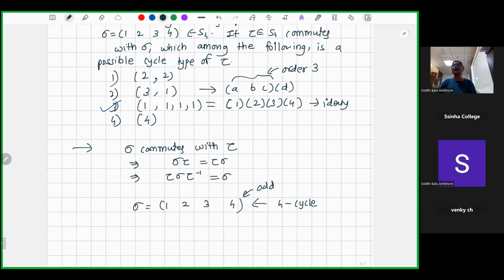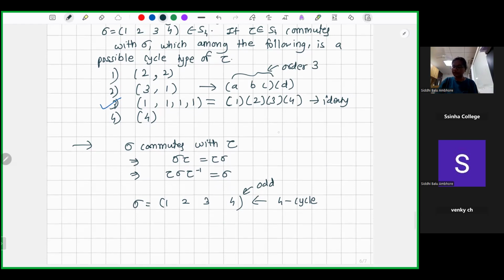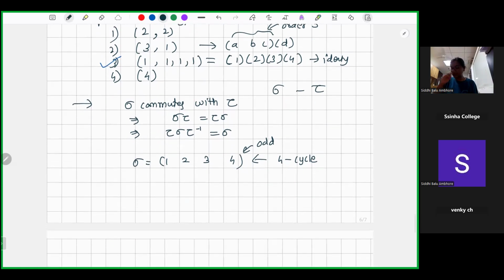We have seen that if we represent elements in cycle form, and if sigma and tau are conjugate, and I write sigma as sigma 1 to sigma r, and tau as tau 1 to tau s, then r must be congruent to s mod 2.